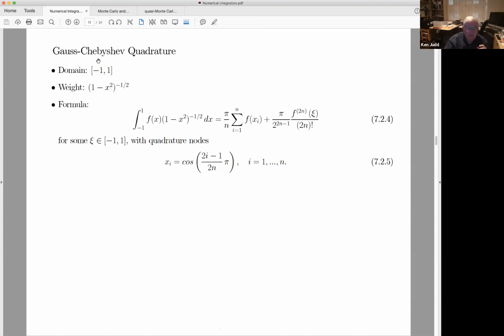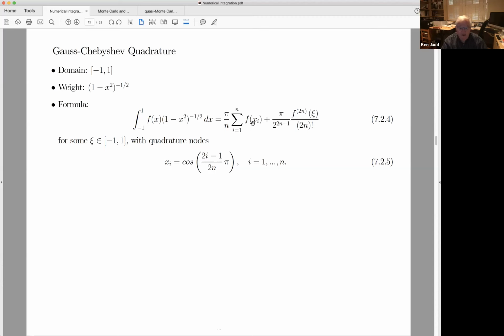So if you are in the domain -1, 1, and what you want to do is compute the integral of f multiplied by this weighting function, 1 over the square root of 1 minus x squared. Suppose that this is the integral you wanted to compute. So you treat f as being some function between -1 and 1. You treat this as a weighting function. And then here's the Gauss-Chebyshev quadrature formula.